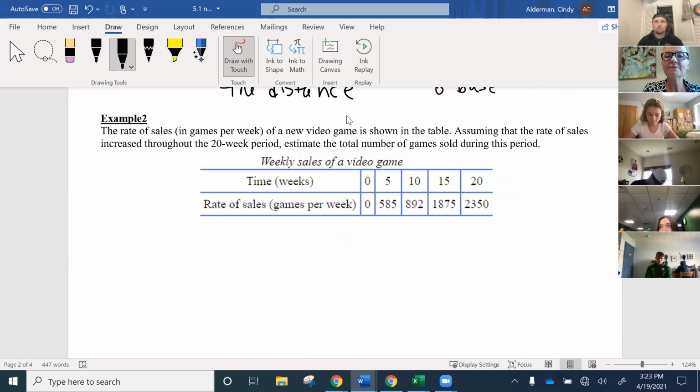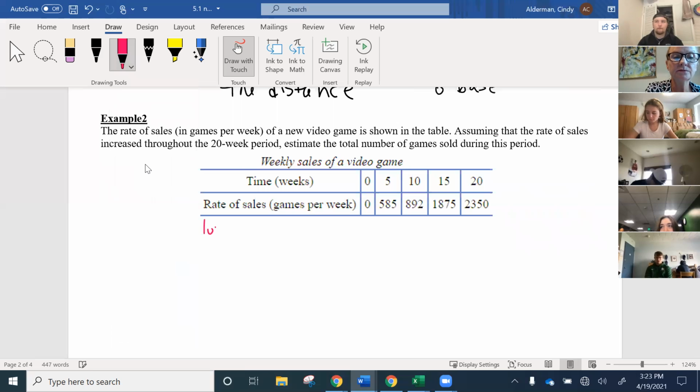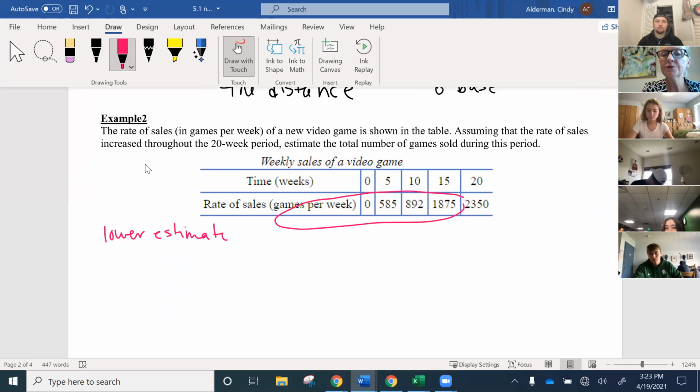Okay, so we're going to do the same thing. We're going to take a lower estimate. And with lower estimates, you're always worried about those numbers on the left.